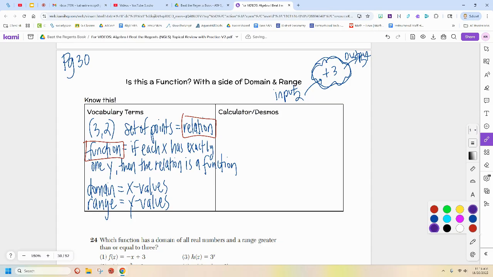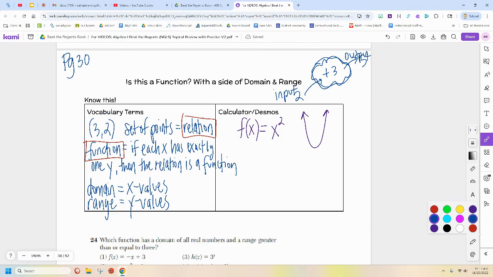Now, how can we use Desmos to help us look at these things? A lot of these questions, especially ones involving domain and range, might give you a function to graph, like f of x equals x squared. You'll go to Desmos and plug that in, and then you'll get to see your parabola or whatever other function that gives you.